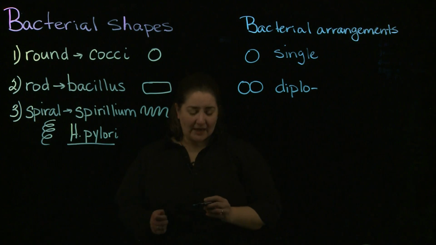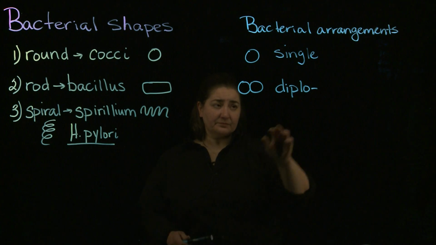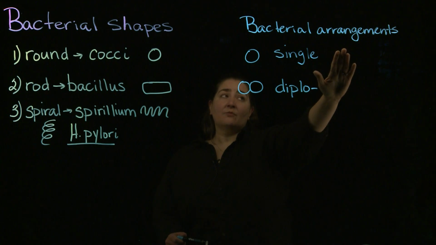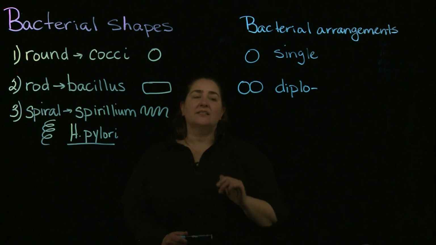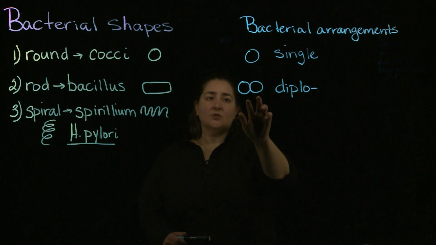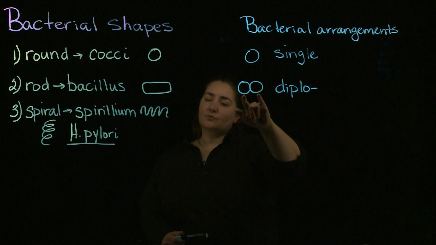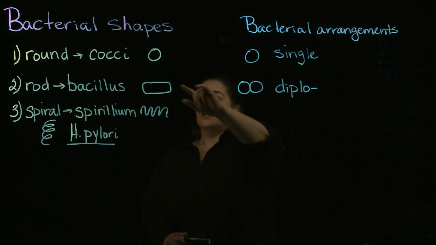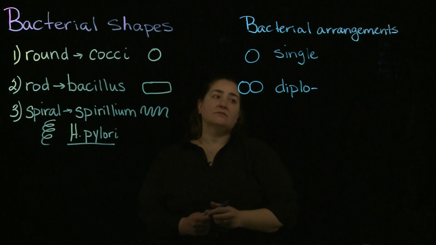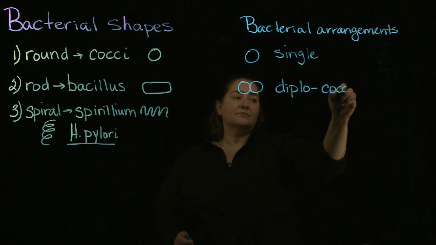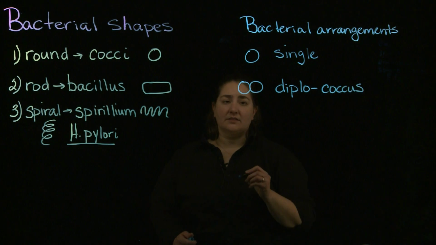With the diplo and the naming of bacteria, you're going to take into account bacterial arrangement and bacterial shape. What I've drawn here are two round bacteria, so it's a cocci. The proper name would be Diplococcus.